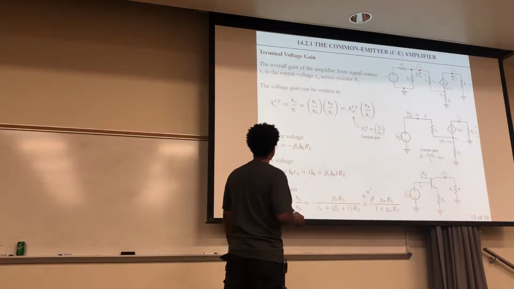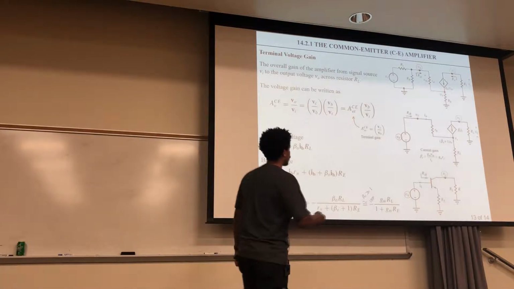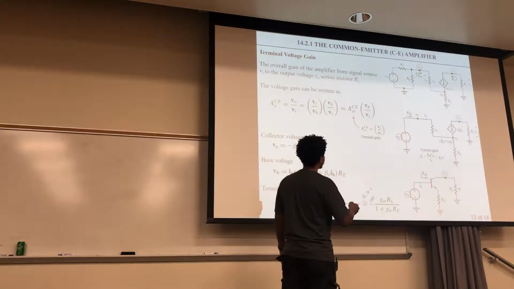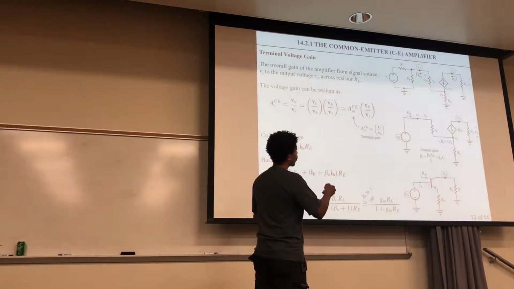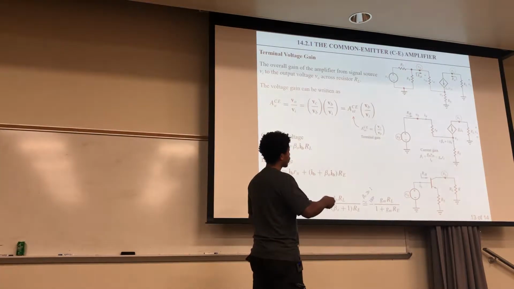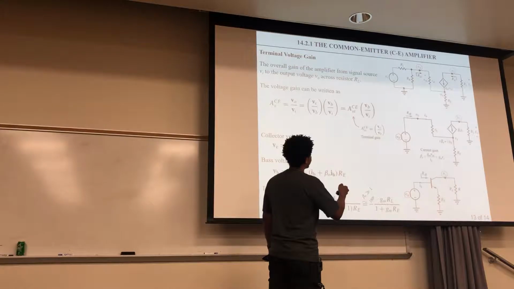So for example, you have some current going through here. So here's your VB, and remember, going from this circuit to this circuit right here, with this VB you're making a simplification where this is the voltage that you're really concerned about. So you group all this together, you lump all this together and just put it in here and say, well, that's your VB you're concerned about right here.